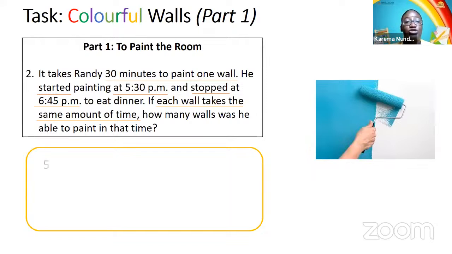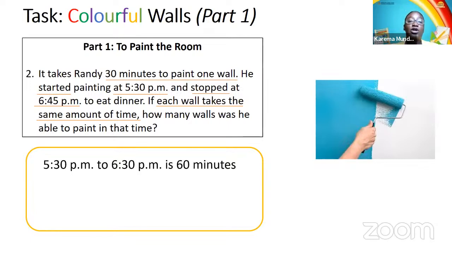All right. So remember, you choose a strategy that's suitable for you. So I may think to myself, I'm doing the same question that you are doing. You decided to use a model and your answer is correct. I decided I'm going to check from 5:30 p.m. to 6:30 p.m. That's 60 minutes.